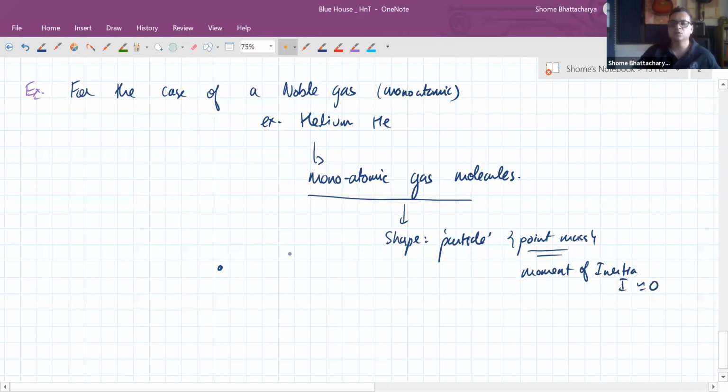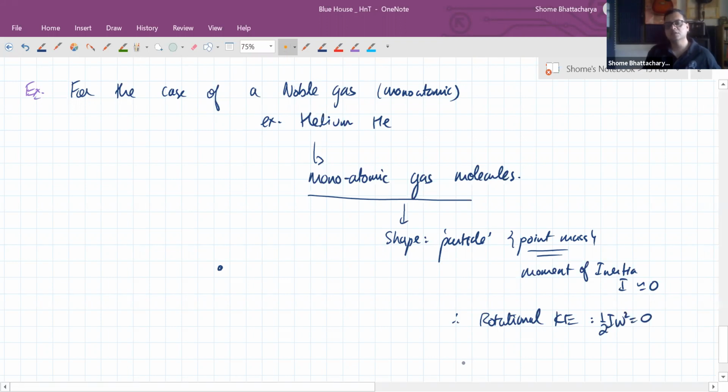If it's a sphere, you can say it's 2 by 5 mr square or 2 by 3 mr square, depending on whether it's solid or hollow. But if it's just a single particle, then about its own axis, the moment of inertia is zero. So there is no rotational kinetic energy. Therefore, rotational kinetic energy, which is half I omega square, is zero.